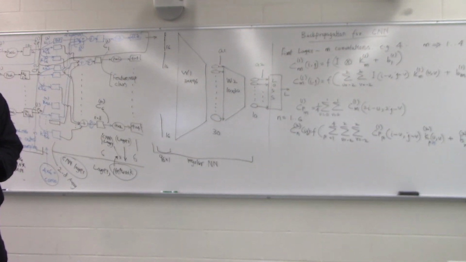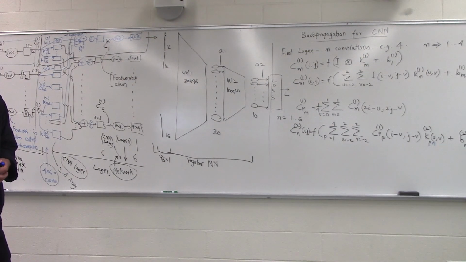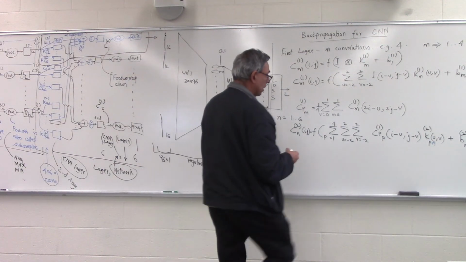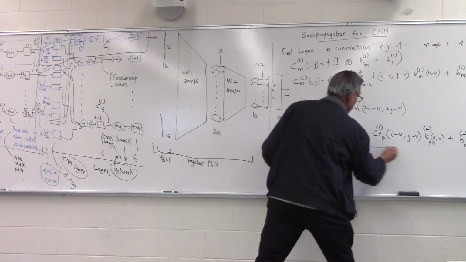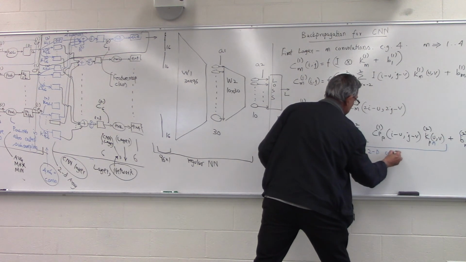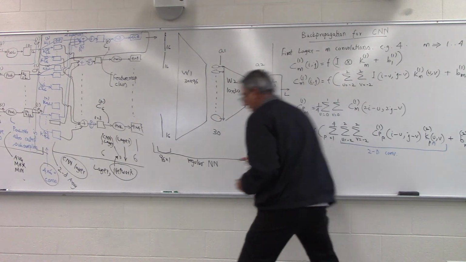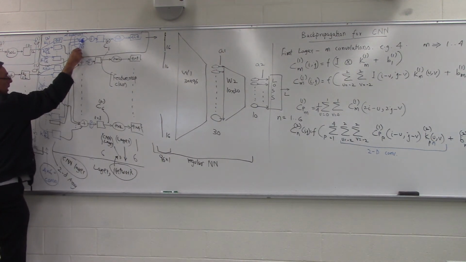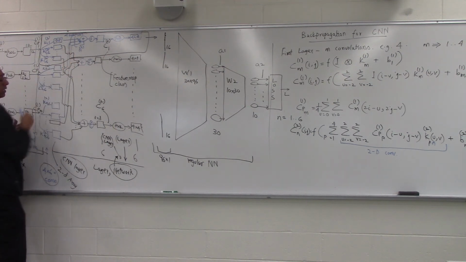Why are there 3 sigmas? Okay, these 2 are for the convolution, the 2D convolution. The last sigma, as we had discussed earlier, is adding many of these convolutions, it's adding 4 of those.